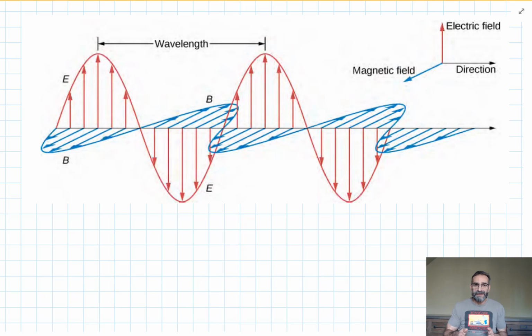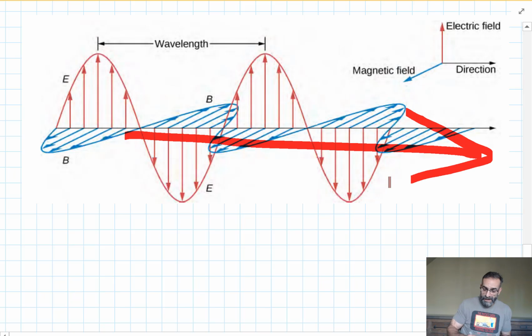I was going to attempt to draw it for you, but I think you've figured out by now my drawing skills are somewhat limited, so I took this from the textbook. The electric field is oscillating in one direction, the magnetic field in another direction, perpendicular to it, and the wave is propagating perpendicular to both of those directions. In this case, our wave is propagating to the right.